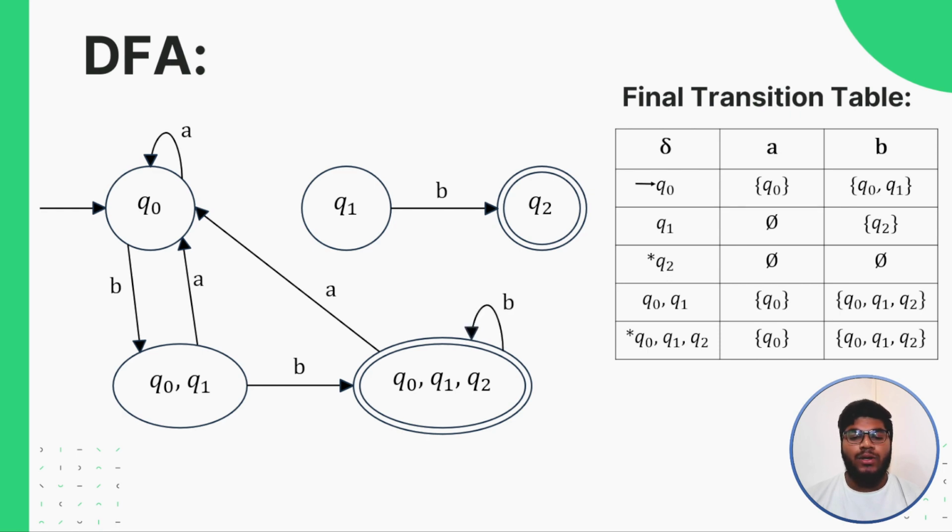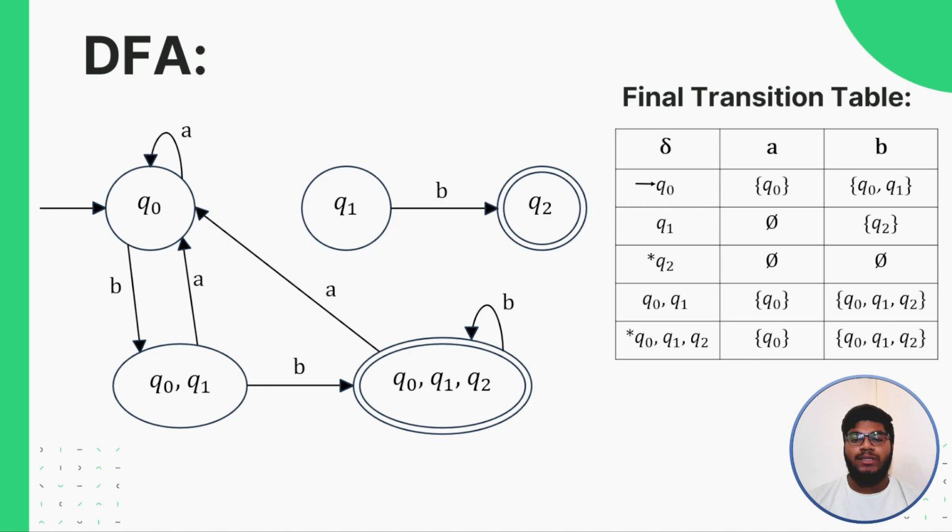So this completes all the states. From the figure we can see that all the states, on accepting a and b, move to a single state. So we have constructed the DFA from the final transition table.